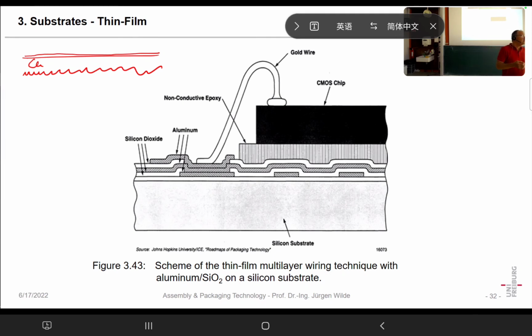So typically you do that with something like caustic acid or so, but probably for the aluminum you have a different etching medium, so both must be compatible if it's wet etching, so that's all not so good. So going to polymers has many advantages when we want to have these insulating layers.